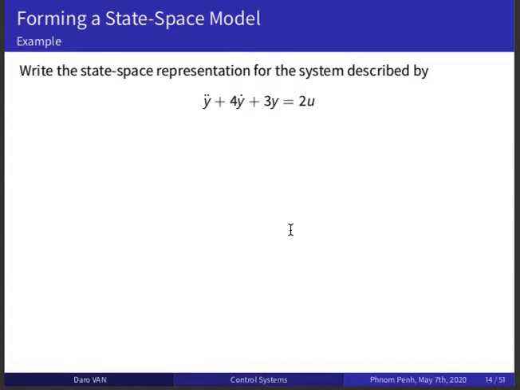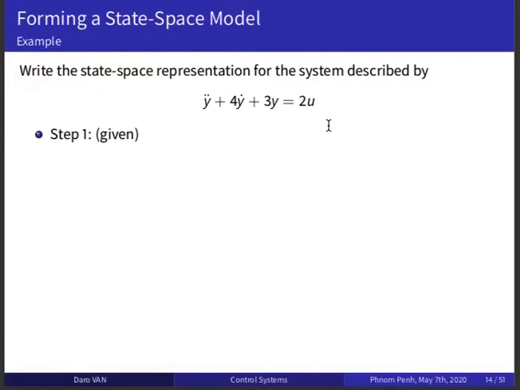So consider this simple example. We would like to have the state space representation of this system. This is a differential equation, y dot dot plus 4y dot plus 3y equals 2u.